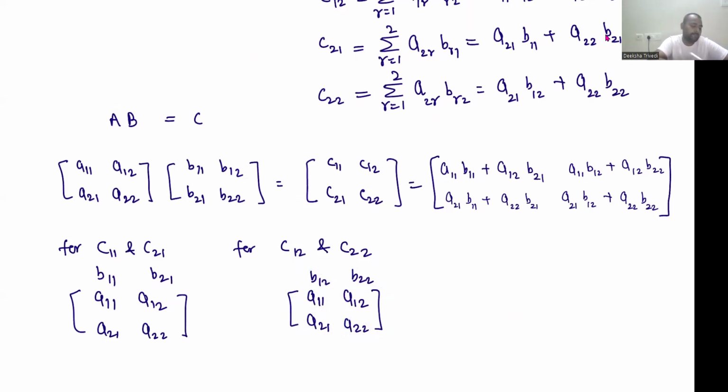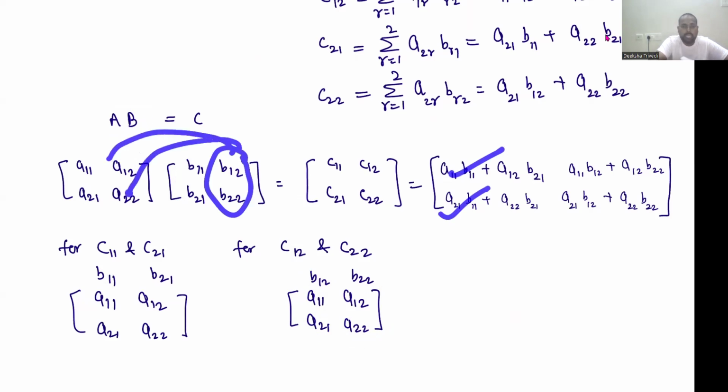So what's the process? If we multiply A and B, then for matrix B, take the first column, multiply with the corresponding row element and add. Now take the second column in B, multiply with the corresponding row element and add. That is matrix multiplication.